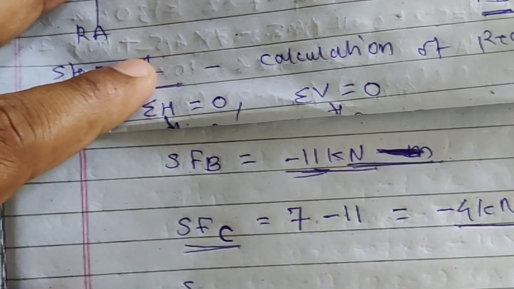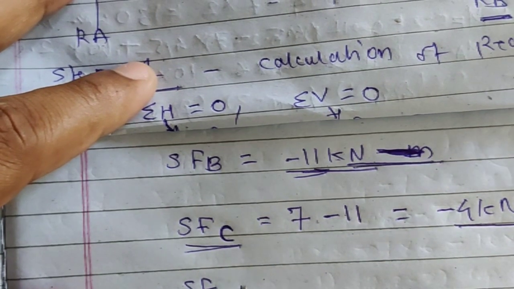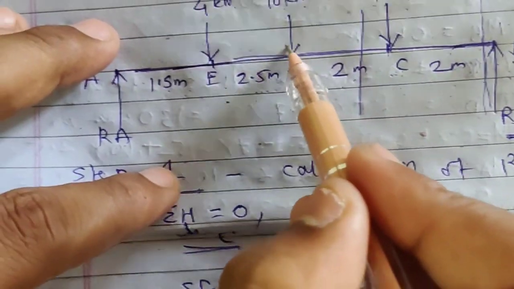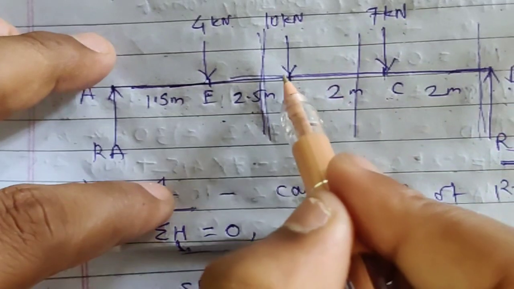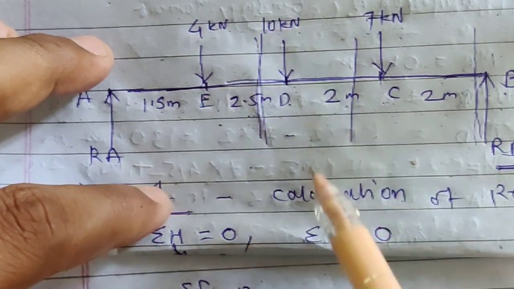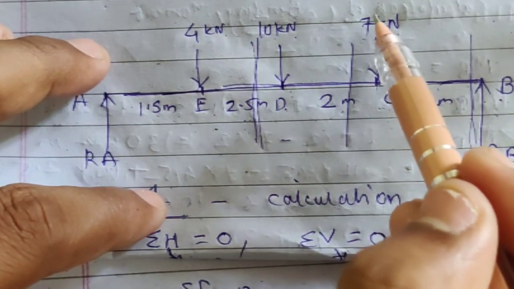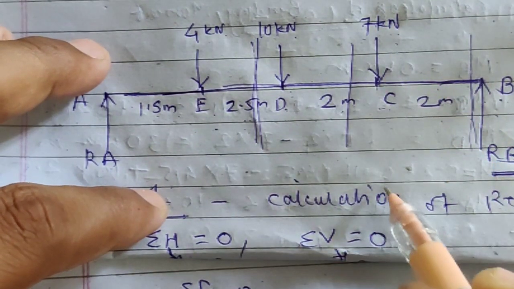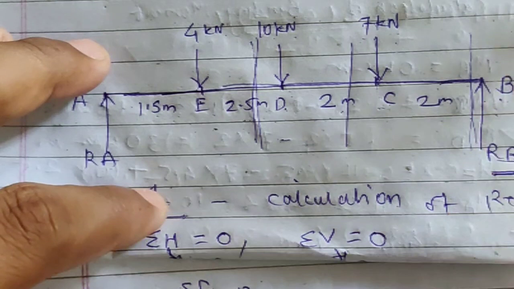Now we calculate shear force at D. So at this D, we take section, how many forces are acting. This is 10 kilonewton up to down, this 7 is also downward direction, and this RB is going upward.